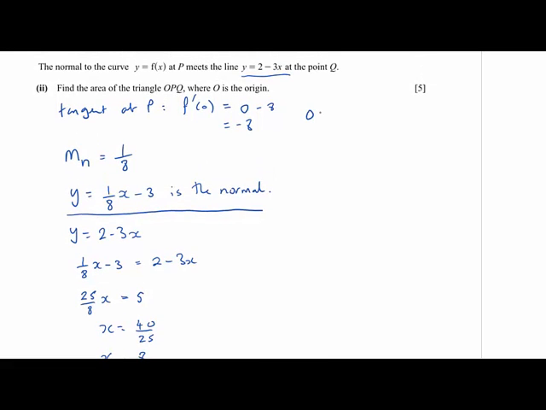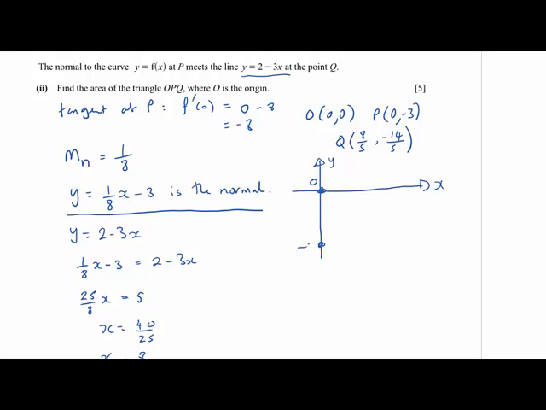So we now have O is our origin, P was the point (0, -3), and Q is the point (8/5, -14/5). So let's have a quick sketch of the triangle we're trying to find the area of. So we have O, P, and then Q. So Q is going to be, say, there.